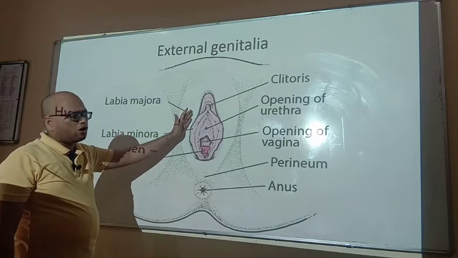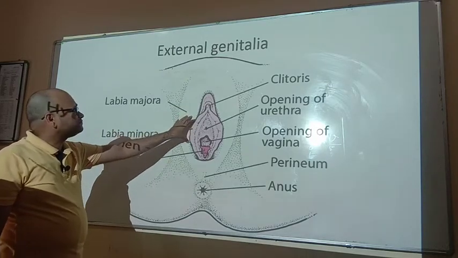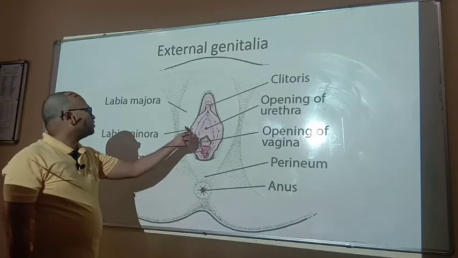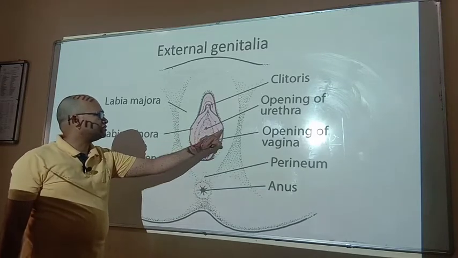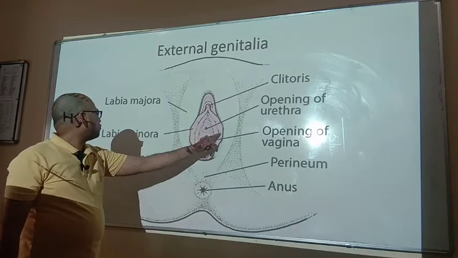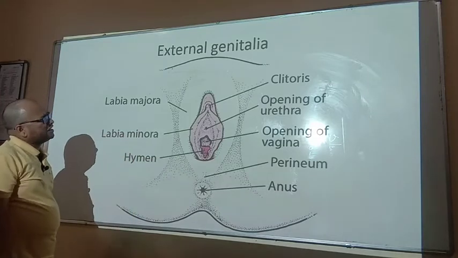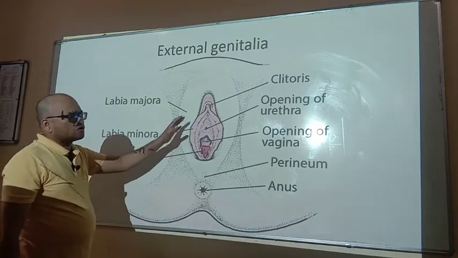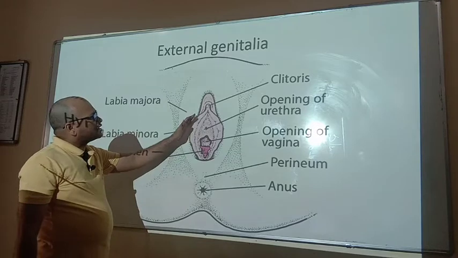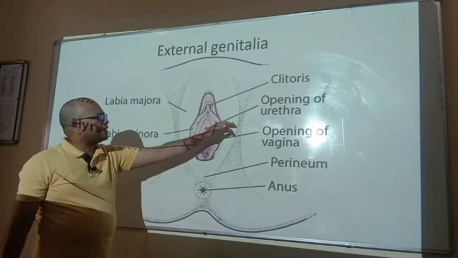The vaginal orifice or vulva is guarded by two fleshy thick foldings. These two thick fleshy foldings are called labia majora.